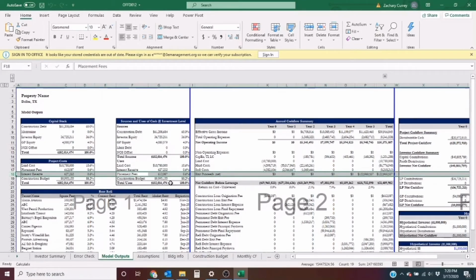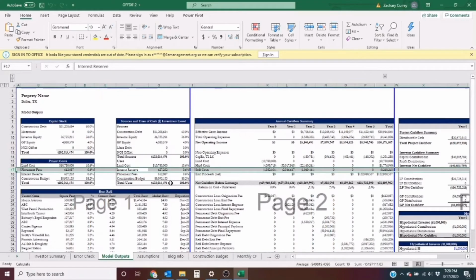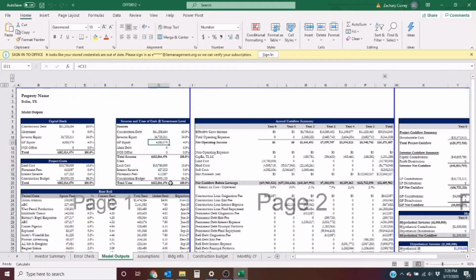These are fees / costs that are incurred as a result of the development that are not included in the development budget. And then the construction interest reserve. This is an interest expense incurred during construction / development of the real estate asset that is included in the debt financing.